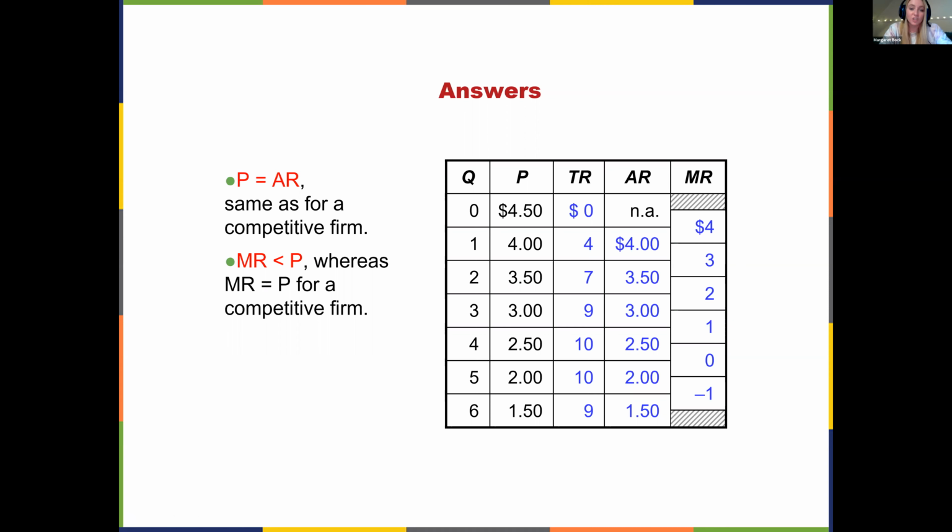Marginal revenue is the change in total revenue divided by the change in quantity. So if we go from $0 to bringing in $4 by selling one item, we just have to do 4 divided by 1 to get 4. So moving from selling 0 things to selling one thing brought in $4 of extra revenue.